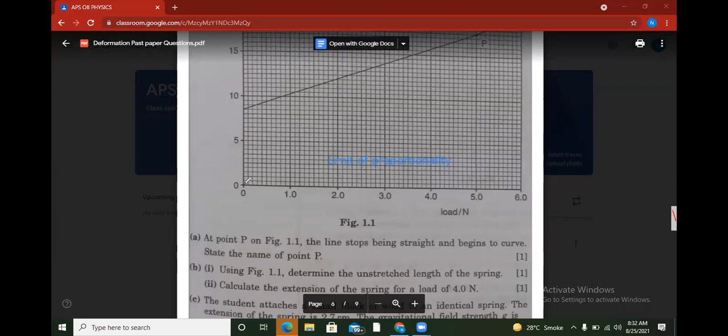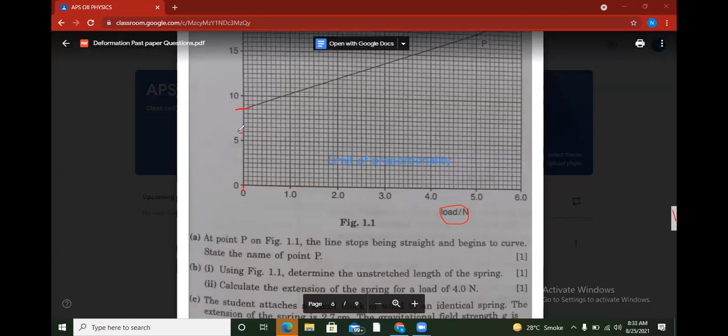By looking at no load, means zero load. That is the load at the x-axis, and at zero load what is the length? So that is the length at the zero load. You can find it out because here two boxes are equal to one centimeter.